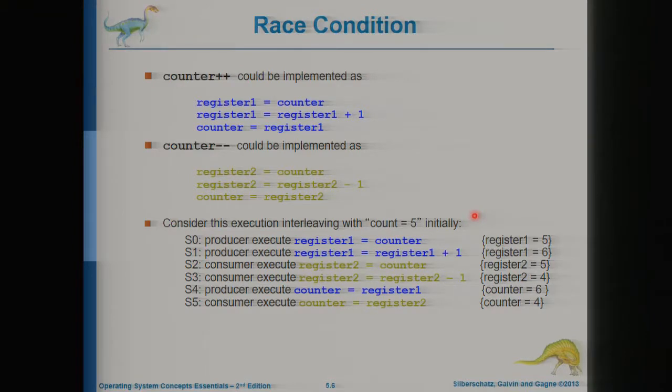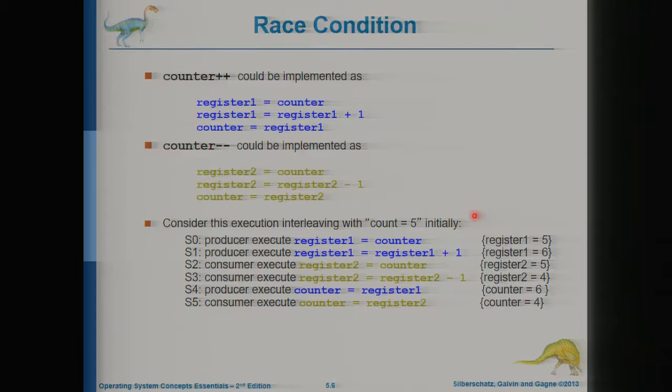Here we are explaining the race condition. The producer executes register 1 load count. The value of counter right now is 5. Then it increments it by 1, so register 1 has the value 6. Next, the consumer loads the counter value into register 2, which is again 5. So both producer and consumer have taken the value 5 simultaneously. These instructions are executed simultaneously by the two processes.